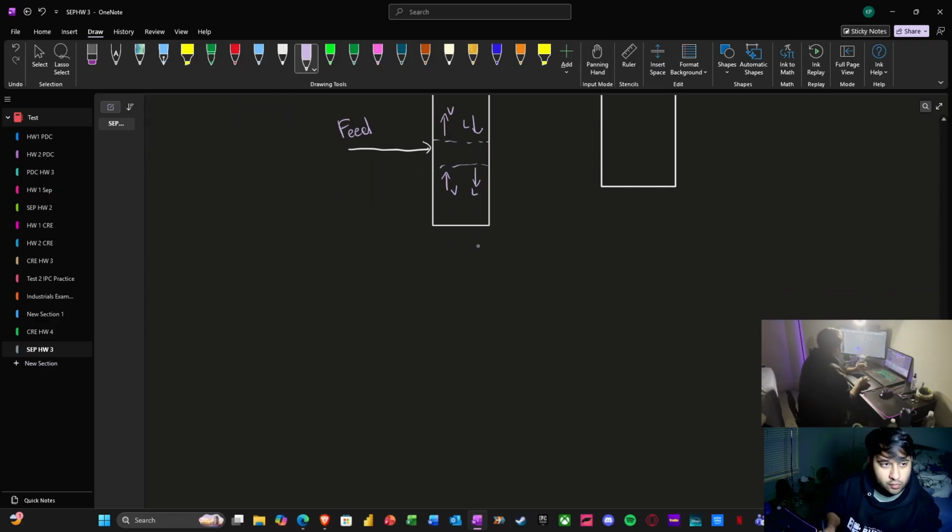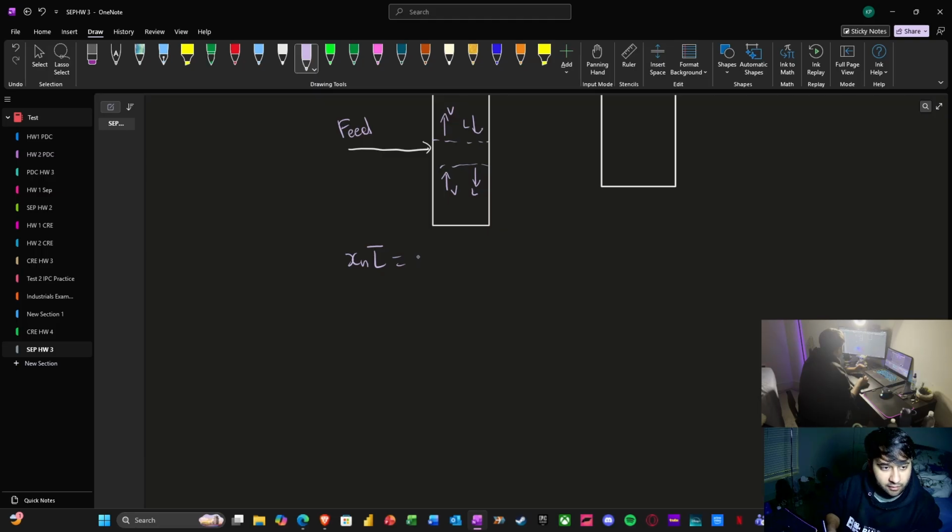Since this takes into account both the rectifying and the stripping, we're just going to write down both our equations, and we'll use L bar because it's the bottom of the column.